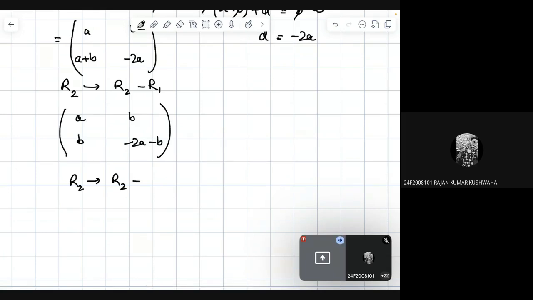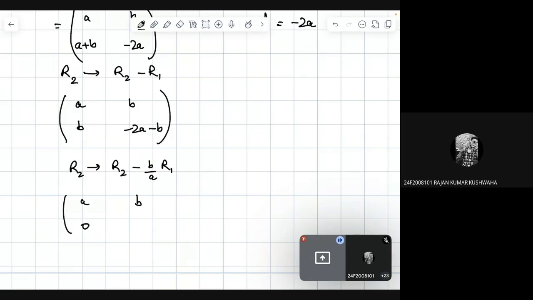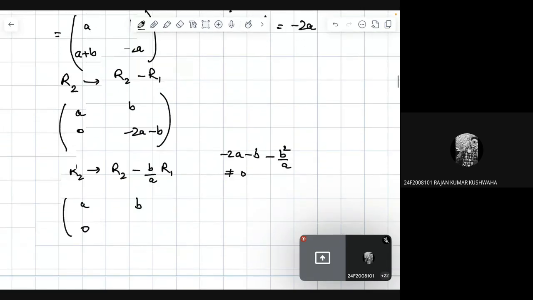You can see the calculation how it is being carried out, right? And this becomes minus 2A minus B. So this is also non-zero.